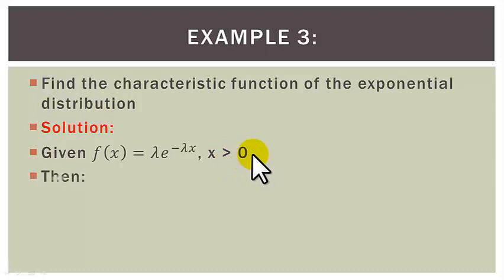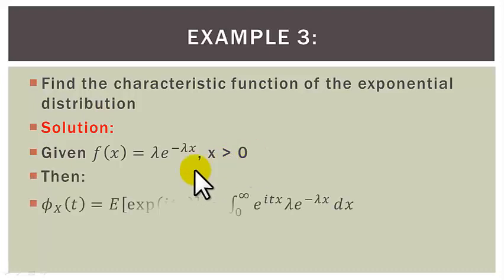Then the characteristic function phi x of t is equal to the expectation of exponent itx, which is equal to the integral of exponent itx times the density function lambda exponent minus lambda x, and the integral is with respect to x.